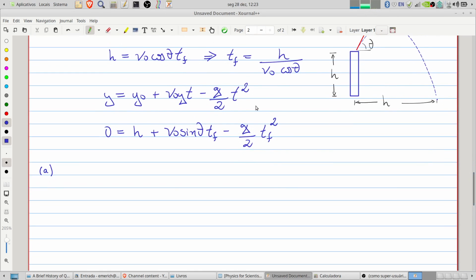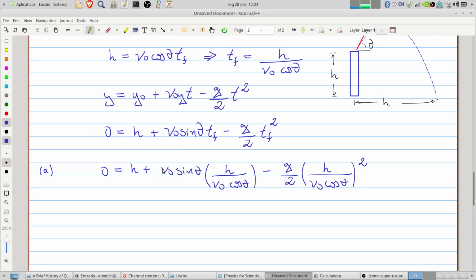Let's substitute this total time here in this equation. 0 equals h plus v0 sine of theta multiplied by h divided by v0 cosine of theta, minus g divided by 2 multiplied by h divided by v0 cosine of theta squared.